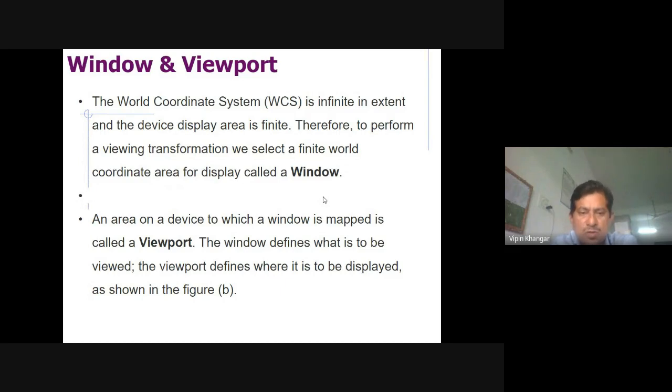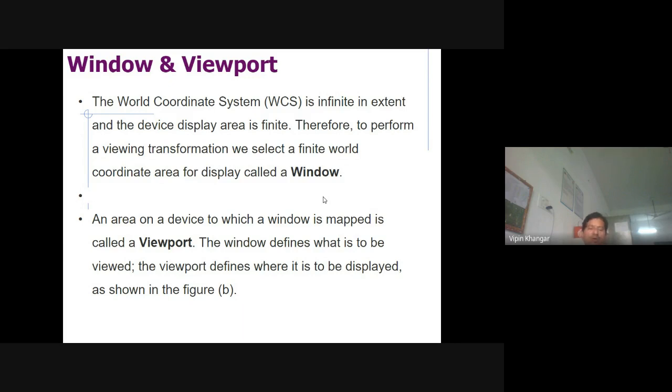Therefore, to perform a viewing transformation, we select a finite world coordinate area to display. Whenever we are clipping something and want to show a picture on screen, we need to select a particular finite area because the world is infinite.